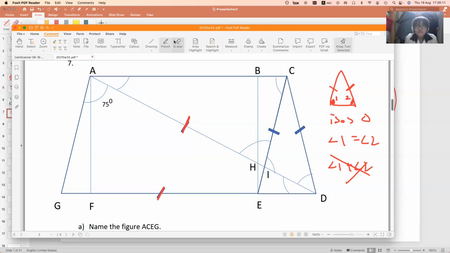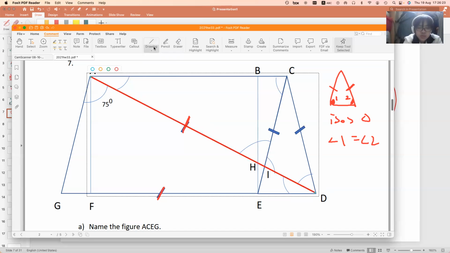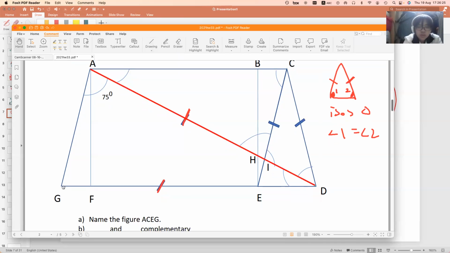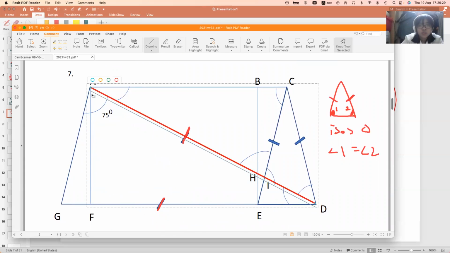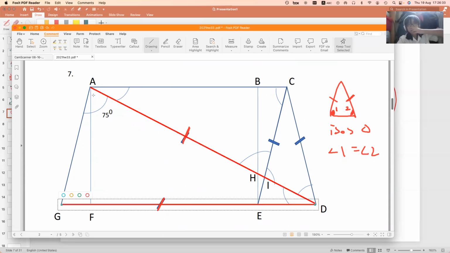Okay, so with this isosceles triangle, angle 1 equals angle 2. Then you look at this. You extract the triangle out. Can you see I'm extracting it out by highlighting it? Good.